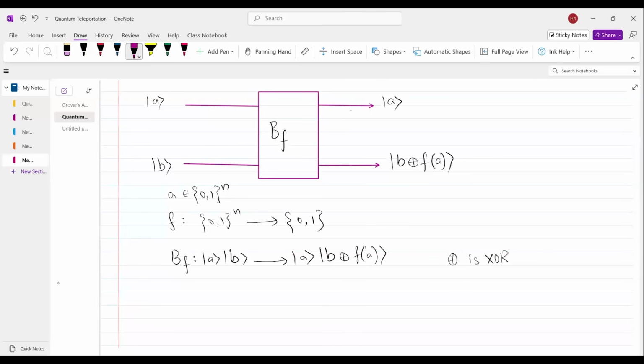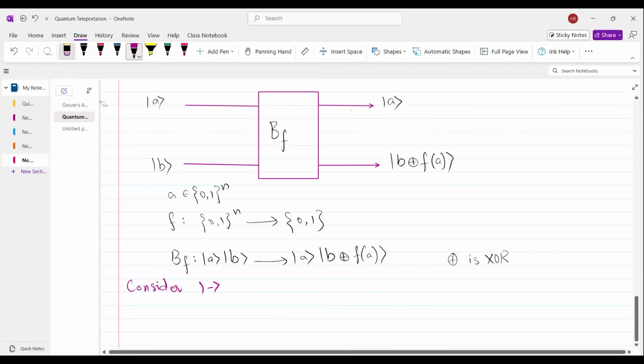So we consider the effect of this circuit U_f when we consider our ancilla qubit to be the minus state. So let B be equal to the minus state.